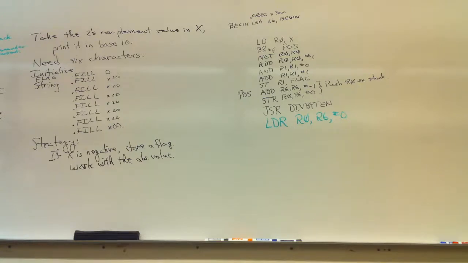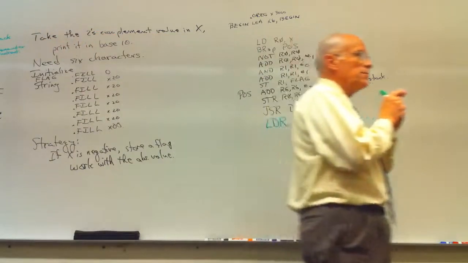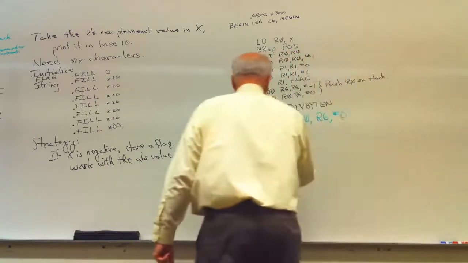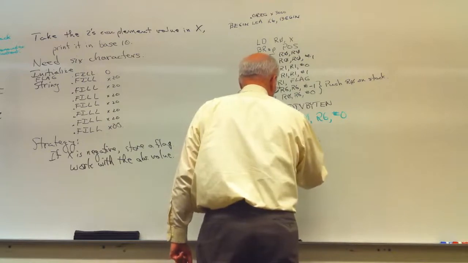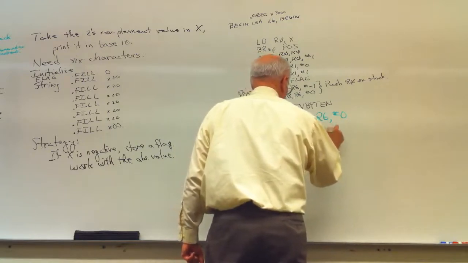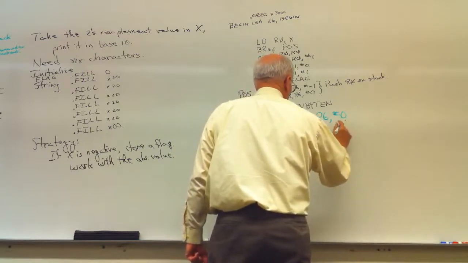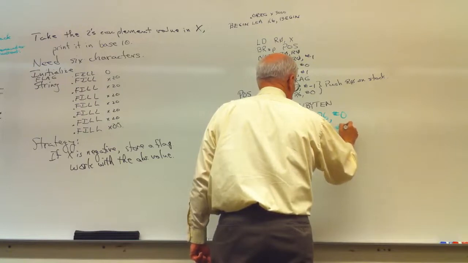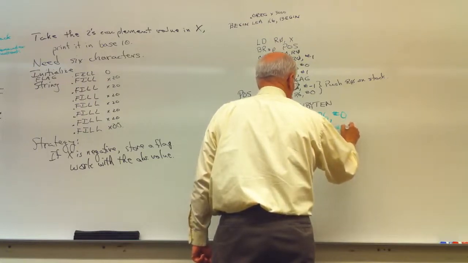I need the ASCII code. And since I'm doing base 10, all I have to do is add a hex 30 to it. So I can say add register 0, register 0. Oh, wait, though.